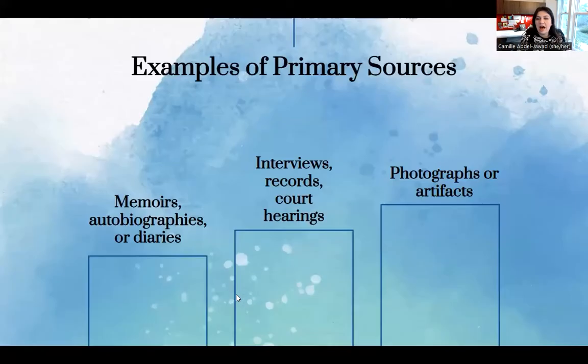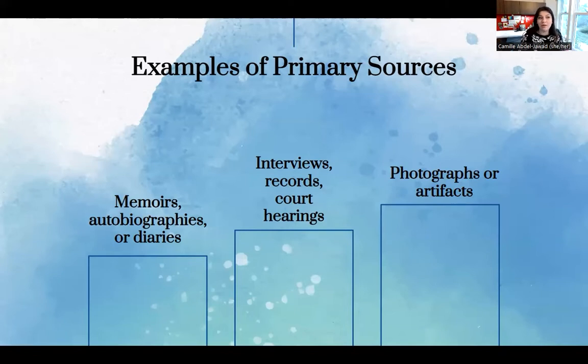Some more examples of primary sources include memoirs or autobiographies, right? If I'm writing about my life as an autobiography, auto meaning I wrote it about myself, that's going to be a primary source. A lot of times memoirs are written about a select period in time. One of my favorite memoirs is Know My Name by Chanel Miller.